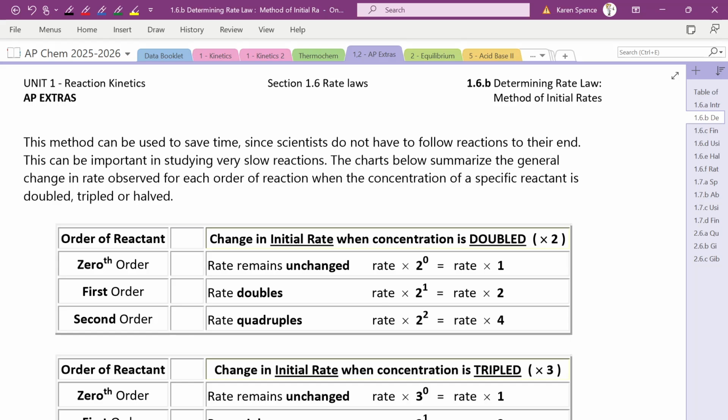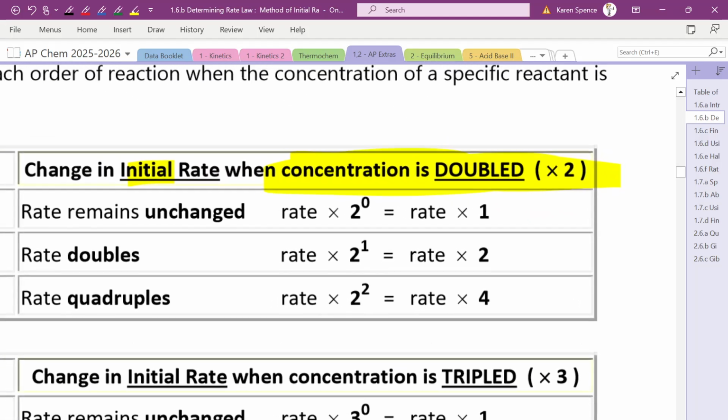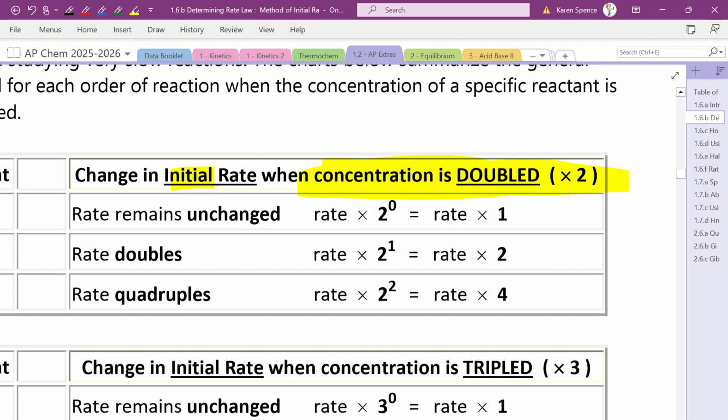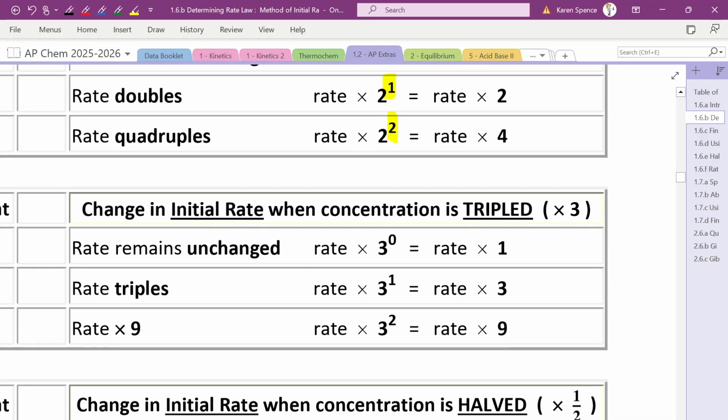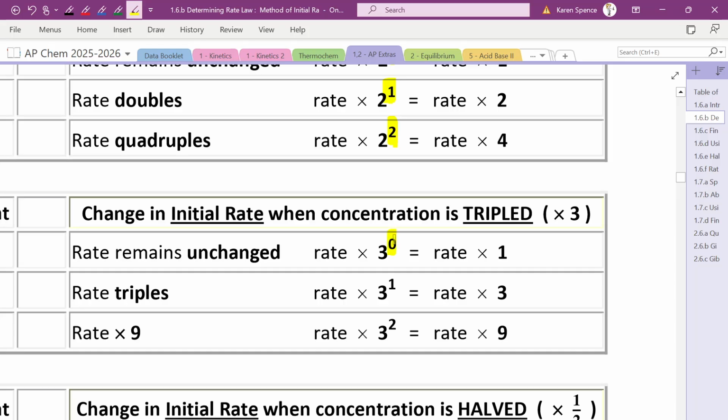So if we look at these little tables, they summarize it for you. If we double the initial concentration and the rate remains unchanged, it's 0th order. If the rate doubles, it's 1st order, and if the rate quadruples, it's 2nd order. If we triple the concentration and the rate remains unchanged, it's 0th order. If it triples, so it does the same thing, that's 1st order, and if it goes as the square, that is 2nd order.